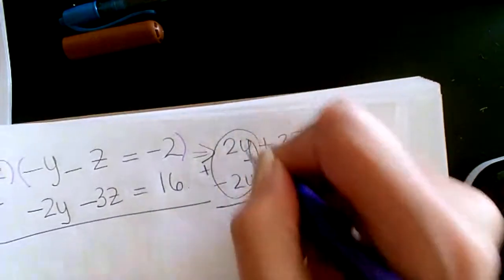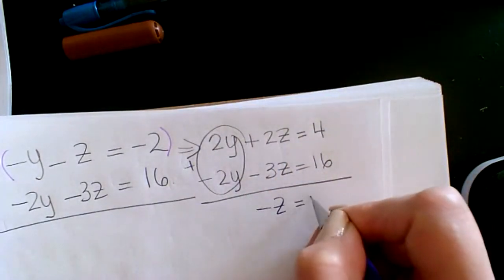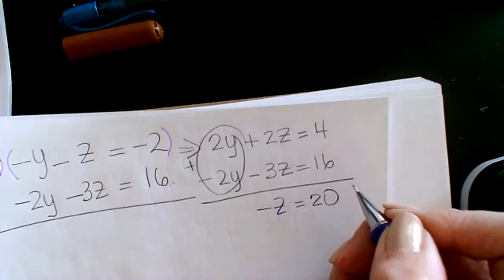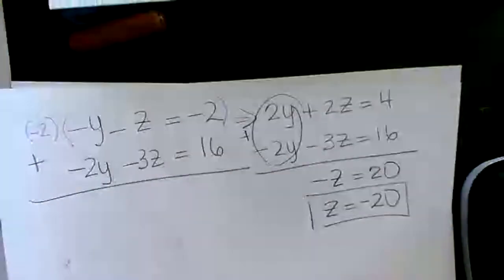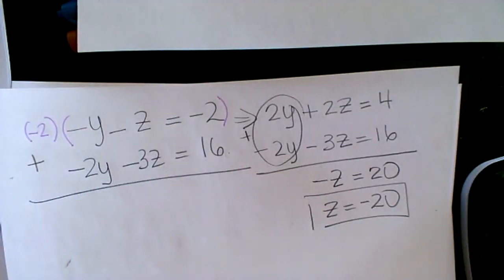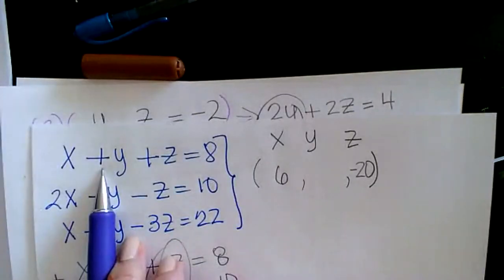So here we go. We have our 0. Here we have negative z equals 20. And z is going to be equal to negative 20. So we got the x and the z so far. So now what we need to do is go back and use this one to replace it.